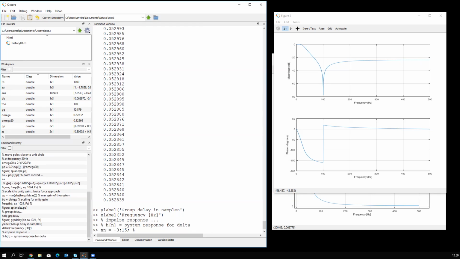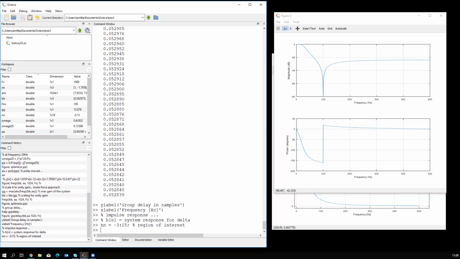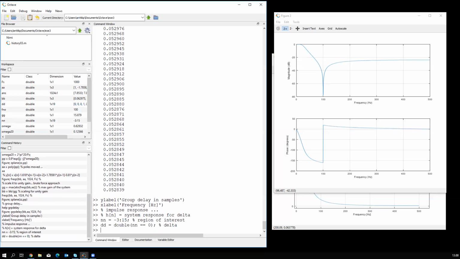So graphics, if you do graphics, they must contain the information, but also look nice. That's a general idea. So that's the region of interest. And then we make the delta function as double, same way as last time, n equals to 0, delta. So that's a discrete delta.